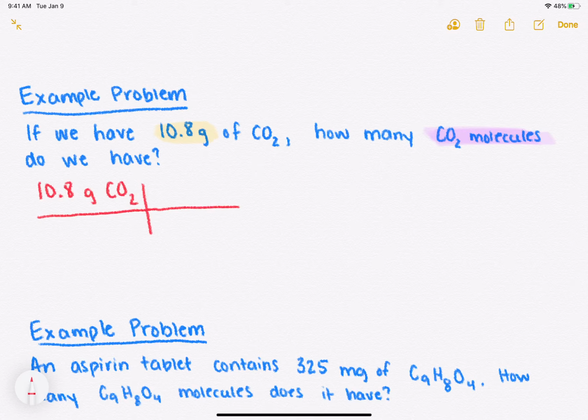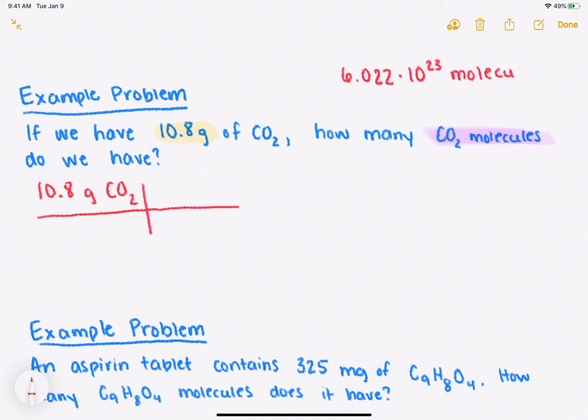So we want to get from grams to molecules. Well, we don't know how many molecules there are per gram of CO2. But what we do know is the number of molecules per mole of CO2, because the number of molecules per mole of anything is 6.022 times 10 to the 23rd.